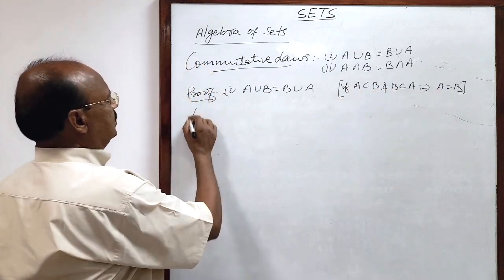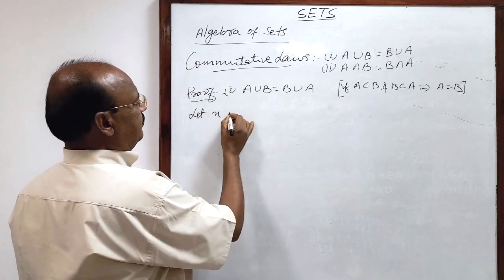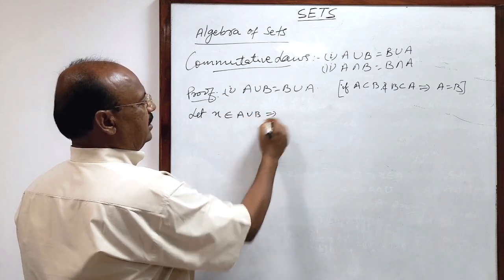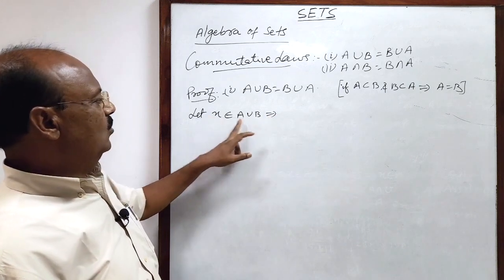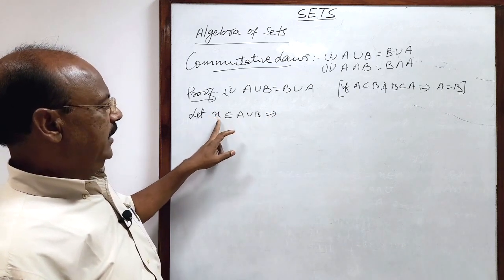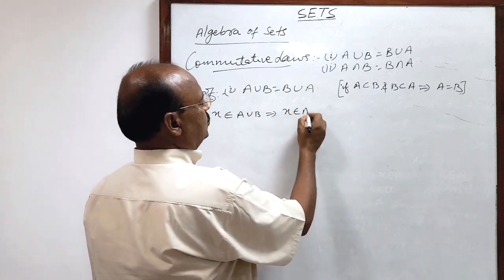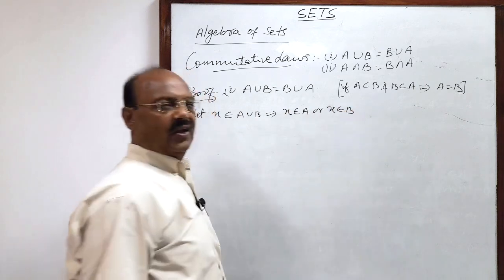So let us suppose that X is any element of the set on the left hand side, A union B. By the definition of union of two sets A and B, X belongs to A or X belongs to B. Correct?